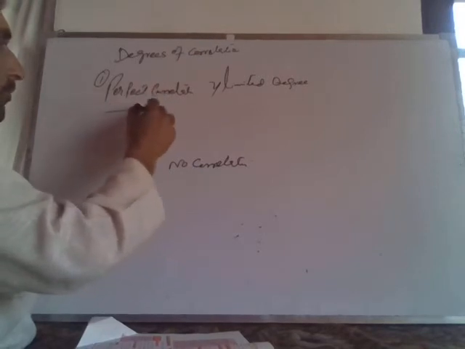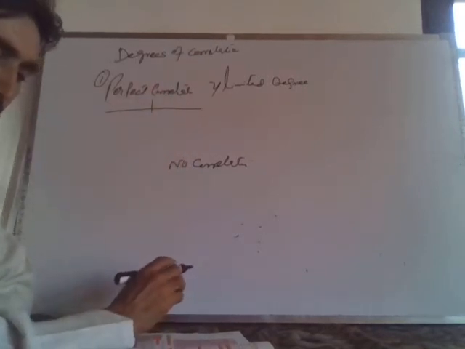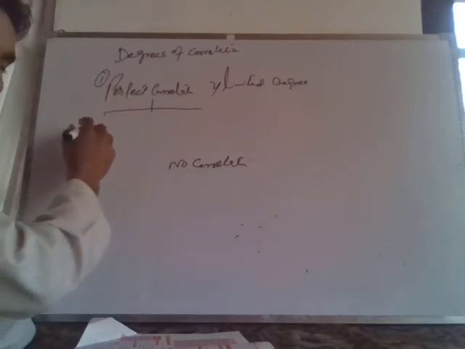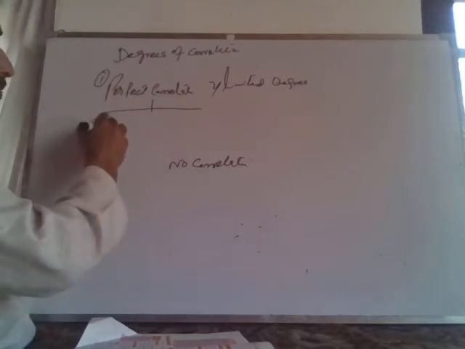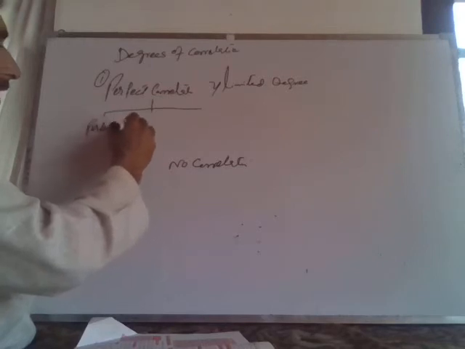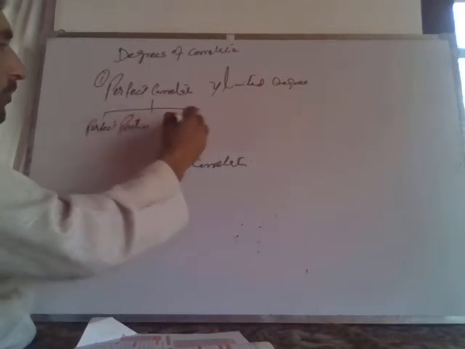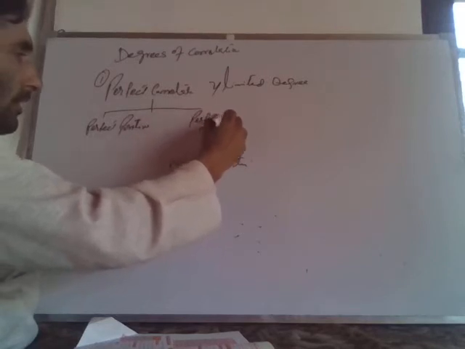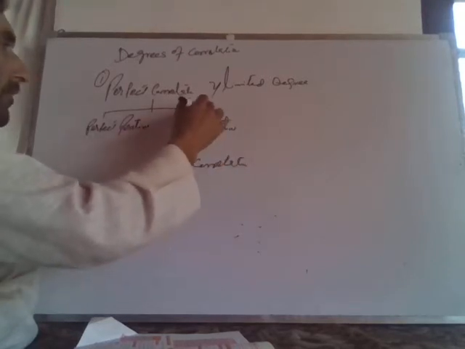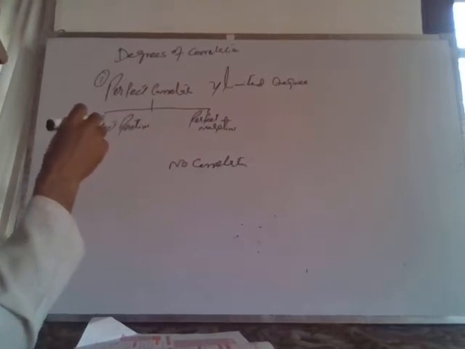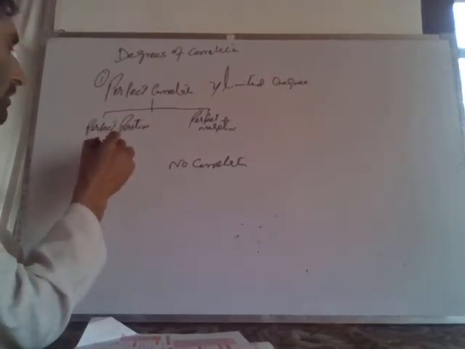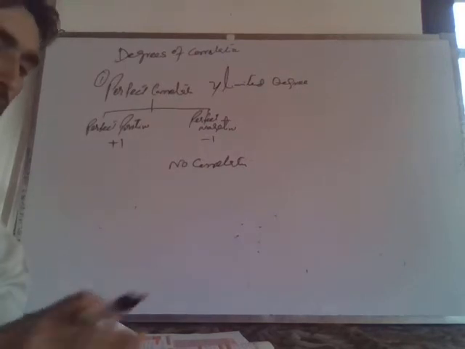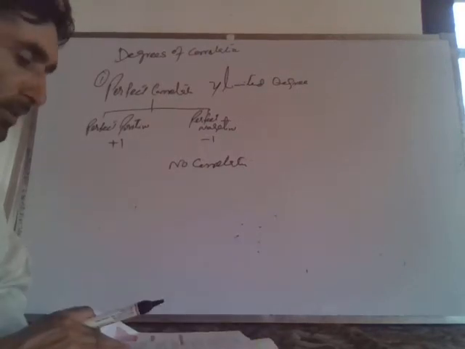This perfect correlation has two types. One is perfect positive, and the next one is perfect negative. When we have perfect positive correlation, the value is +1, and when we have perfect negative, the value is -1.